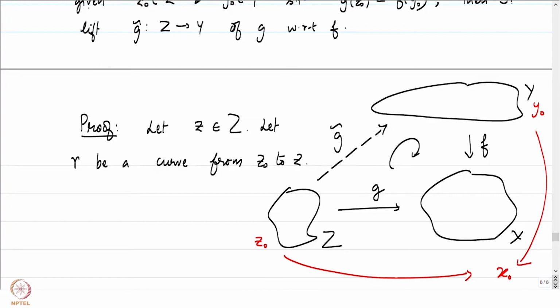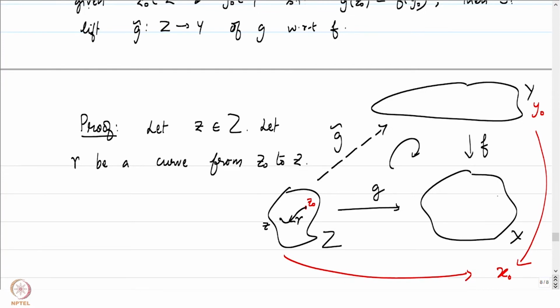So if I had to draw the picture, say this is the point Z0 and if this is the point Z, then you pick a curve gamma which connects Z0 to Z. So maybe I should draw it in this direction.